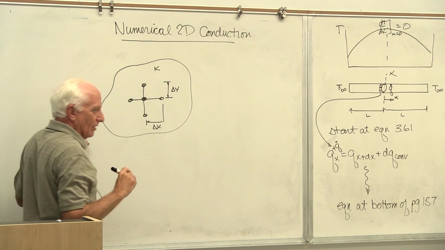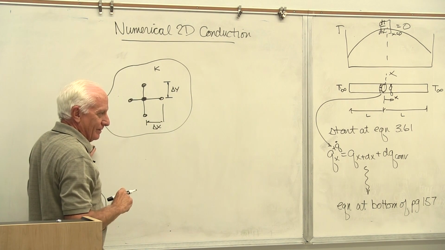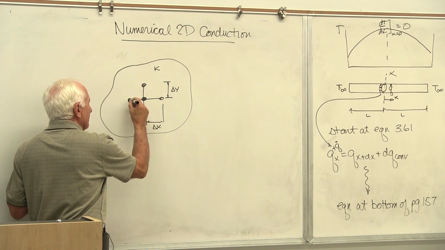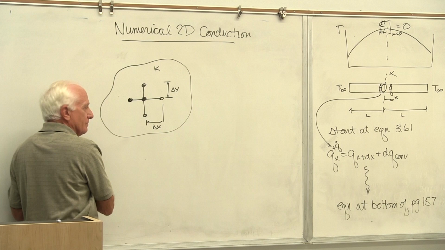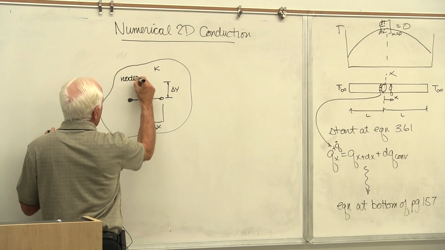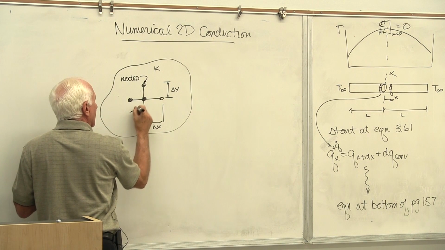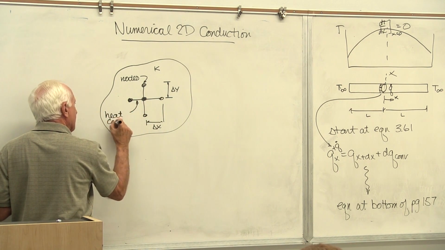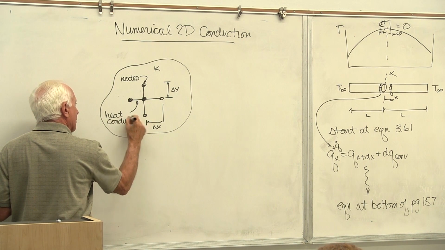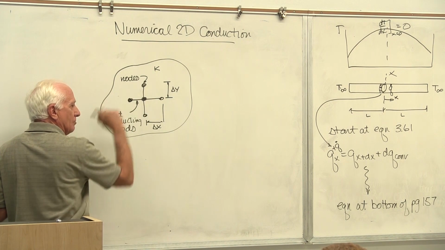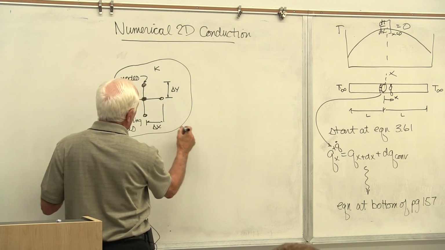So we replace a homogeneous material with a model, and the model has the mass lumped in nodes, and they're connected by heat conducting rods. Nodes connected by heat conducting rods.